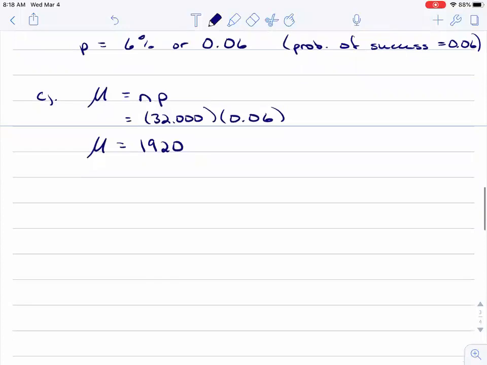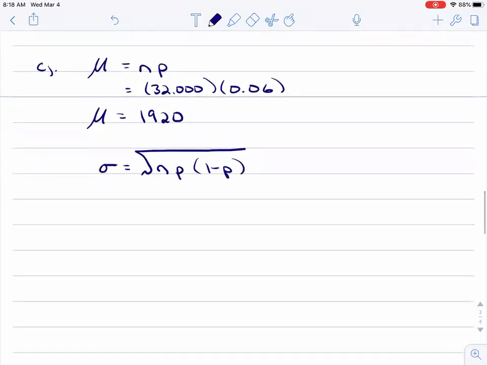So let's figure out what our standard deviation is so that we get an idea of the spread. That's going to be the square root of NP times 1 minus P. So that's going to be the square root of 32,000 times 0.06 times 0.94.